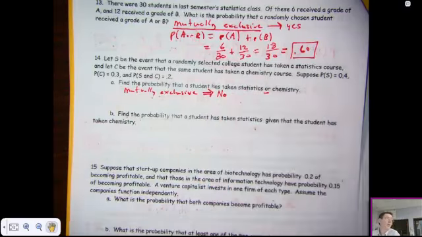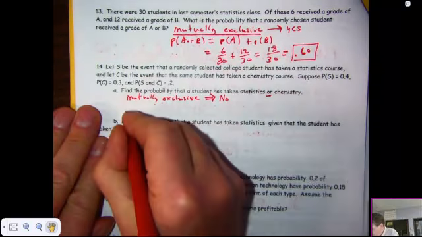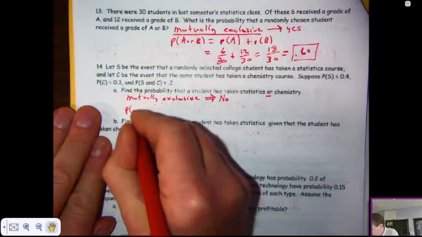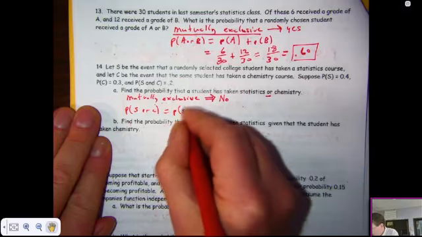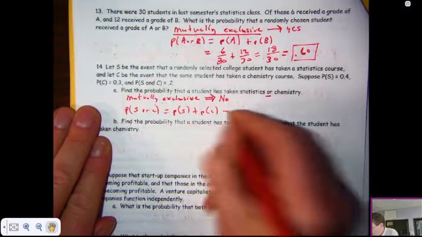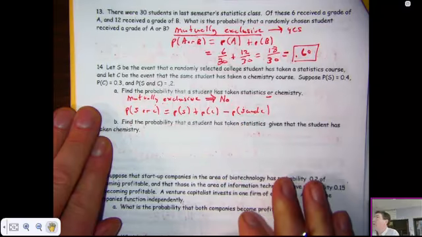Now, remember, if I give you a similar question on the test, there may be some courses you couldn't take at the same time, right? I probably couldn't take, let's say in high school, Algebra 1 and Algebra 2 at the same time. Those will be mutually exclusive. This one is a no, so I have to use the formula that the probability of statistics or chemistry is the probability of stats plus the probability of chemistry minus the probability of both, because they're not mutually exclusive.